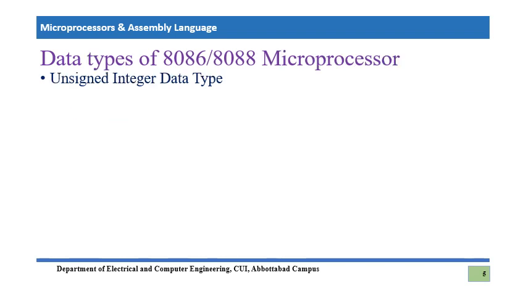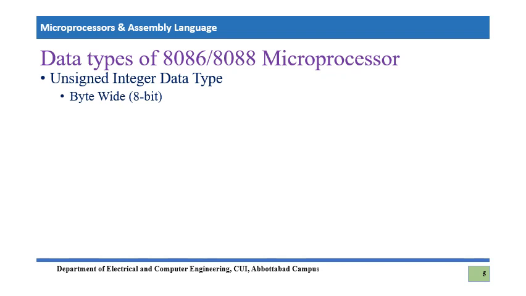So let's discuss the unsigned integer data type for 8086 or 8088 microprocessor. What does it mean by unsigned and how does it look when it is stored in the memory? Again, there are two different versions of unsigned integer data type. The very first one is byte-wide information.